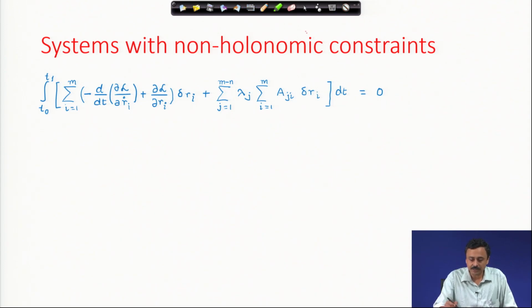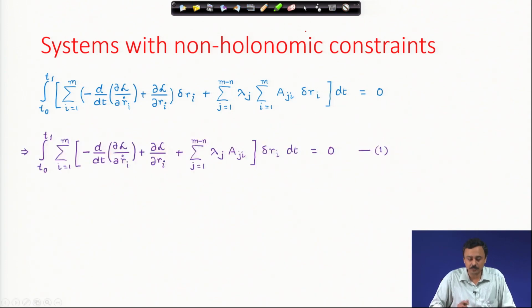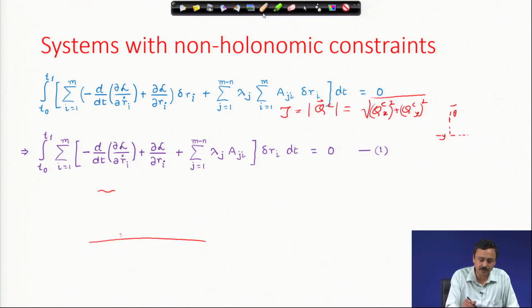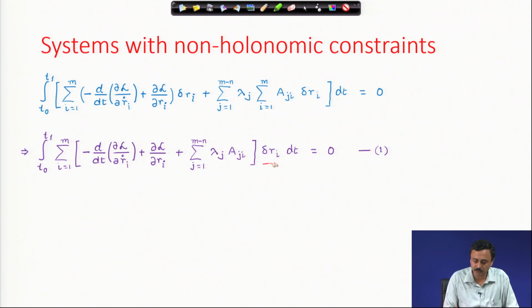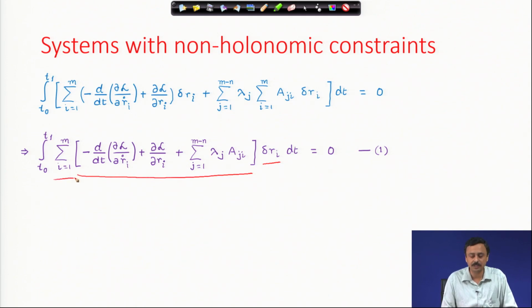Now, let us proceed. What we are going to do is combine these terms and pull out the ith coordinate; I have pulled out the variation of the ith coordinate, or the virtual displacement in the ith coordinate direction, and the corresponding coefficient is sitting in this bracket, and I have a sum over all these physical coordinates.